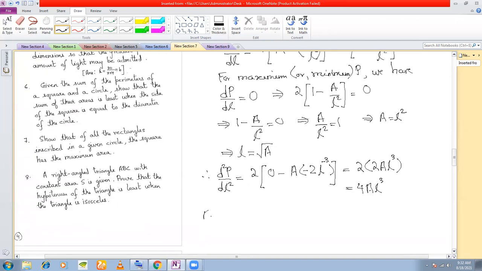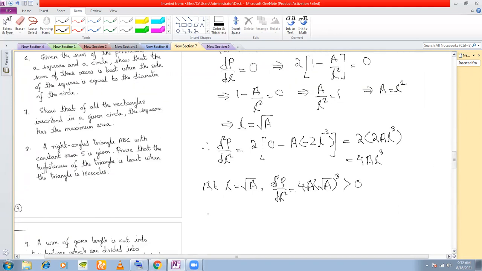Now at L is equal to root a, d2P/dL2 is equal to 4a by root a cube, right? Which is obviously positive.